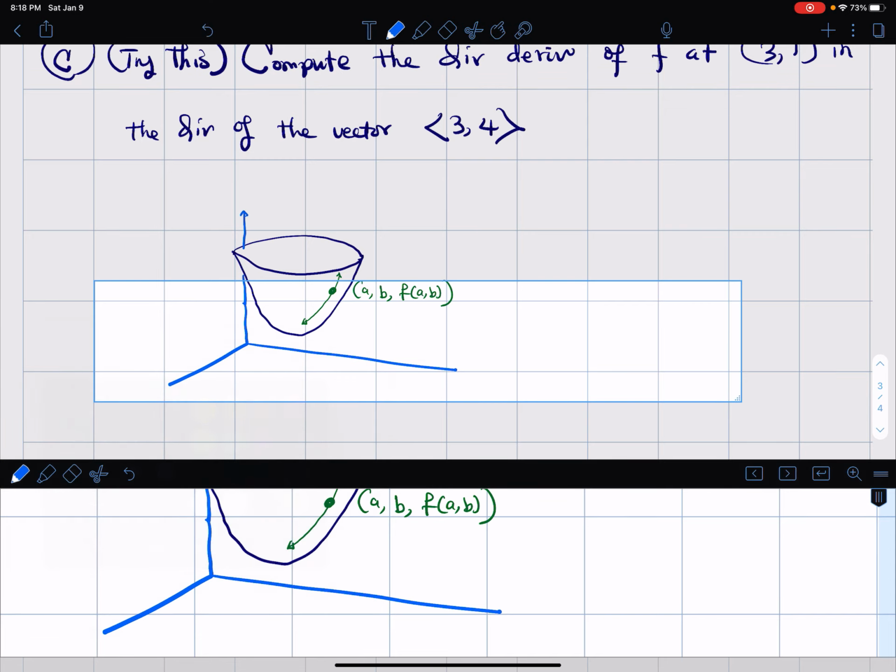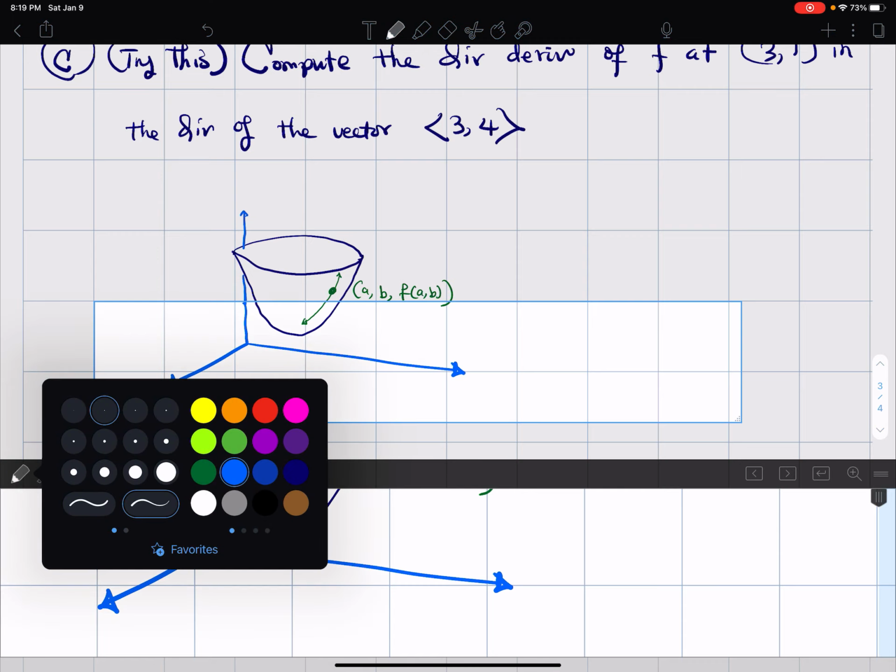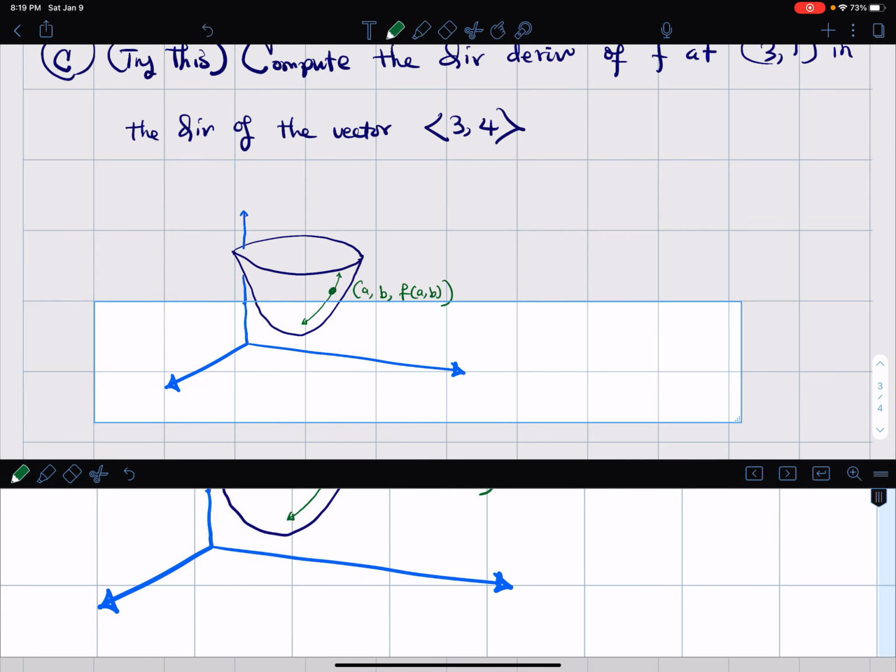What direction would make you climb along this surface the fastest? And that direction, let's project that direction on the xy plane. So is it this direction? What direction is it going to be to climb fastest?